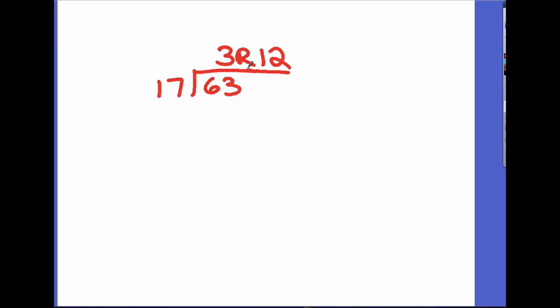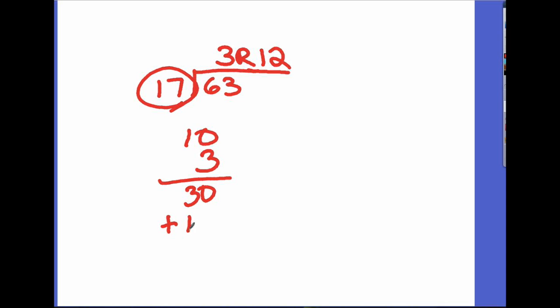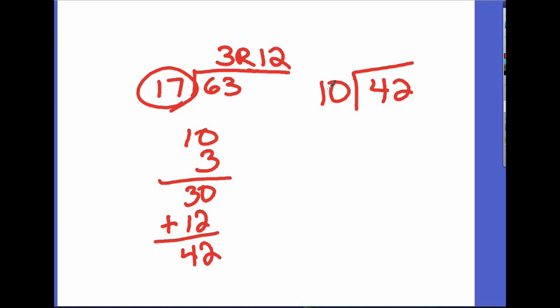Okay, so you could choose any divisor, any number you want. We'll do 3 times 10, make my life a little easier. 30 plus 12, 42. So now we would say 42 divided by 10.